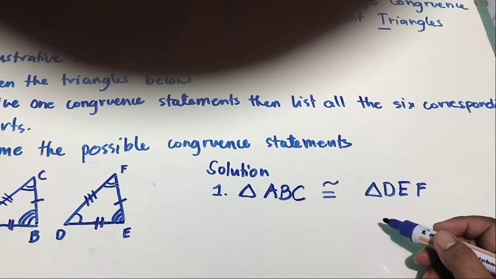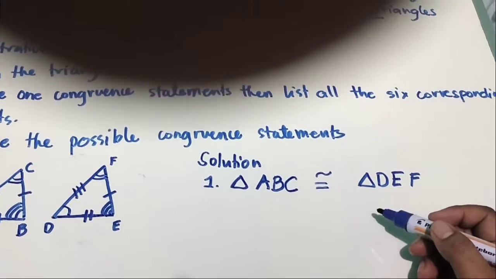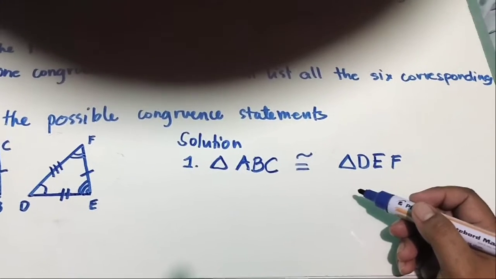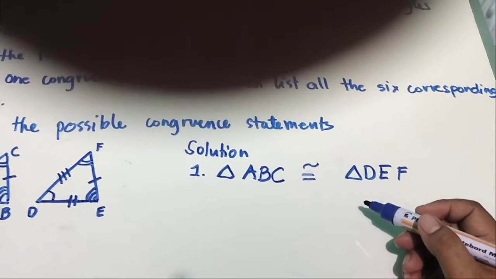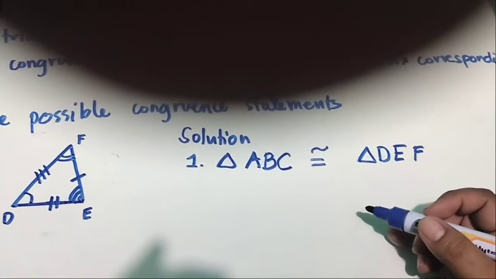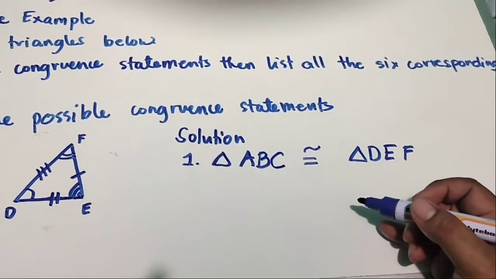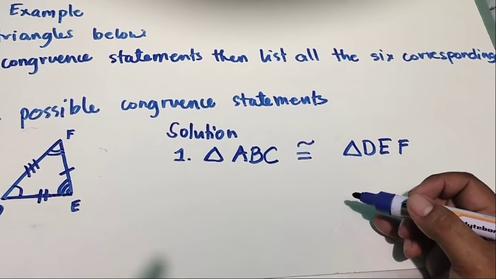Okay. Do you understand, class? Okay, so when we name these triangles, then there are 6 facts which are always true.